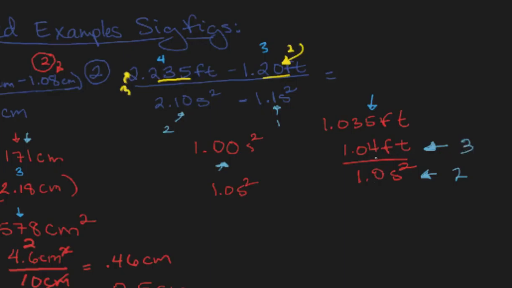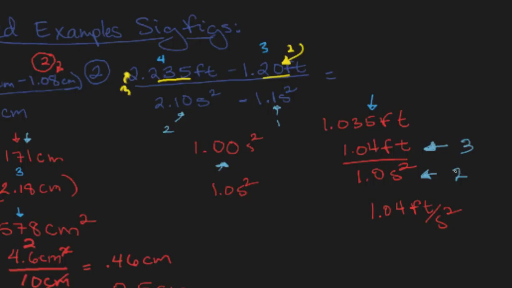So you divide the 2, and after you divide the 2, you end up with 1.04 feet per second squared.